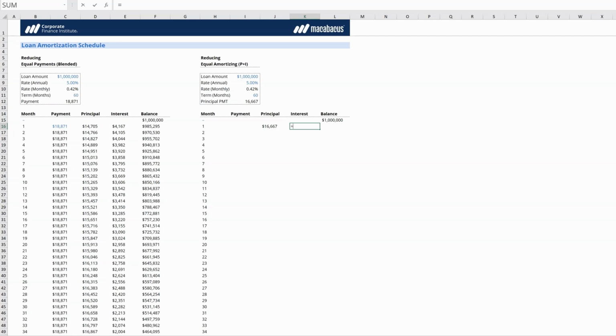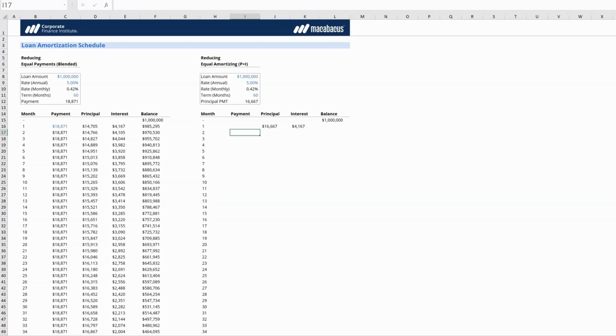So for month one, it's going to be calculated the same way as the blended version, which is fix our cell here, the monthly rate, multiplied by the balance at the end of the previous month.